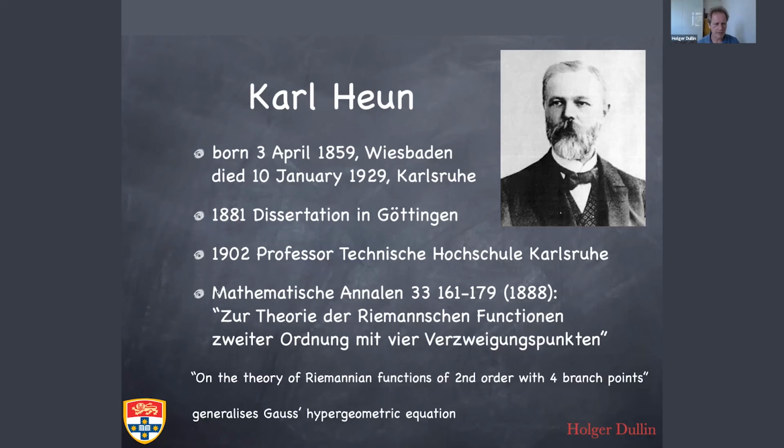And the paper that is relevant for us is Mathematische Annalen 33 in 1888, where he wrote about Riemannian functions of 2nd order with 4 branch points. We don't use that terminology these days anymore, Riemannian functions, but this is the Heun equation, generalizing the hypergeometric equation. And as with the hypergeometric equation when Gauss studied it, it starts from the solution, right?